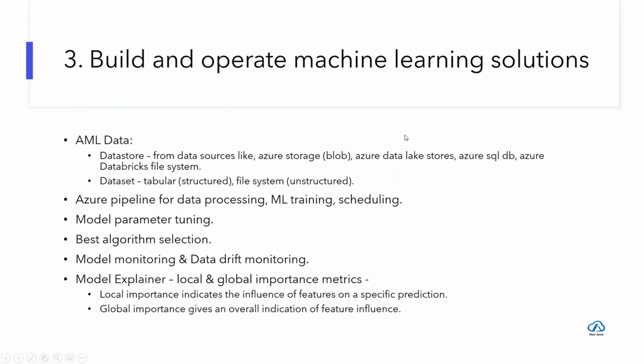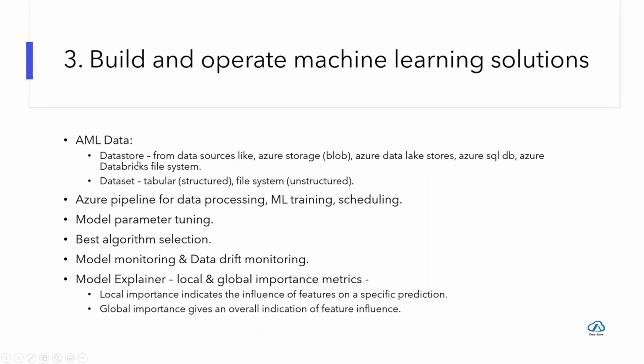And now the third part, which is build and operate machine learning models. So now the question is, what kind of data sources does Azure Machine Learning support? There are two types in the AML data section. One is datastore, and the second one is dataset.